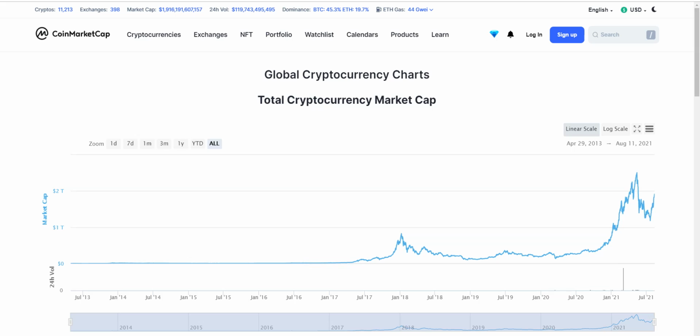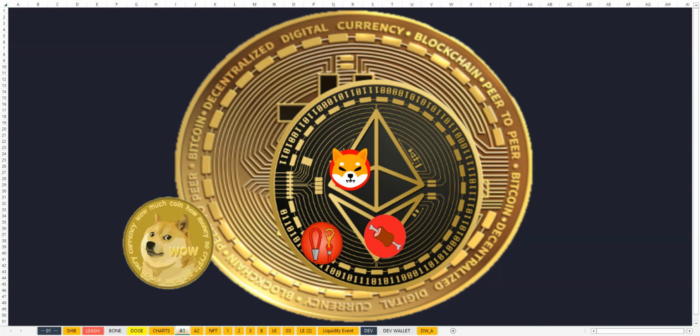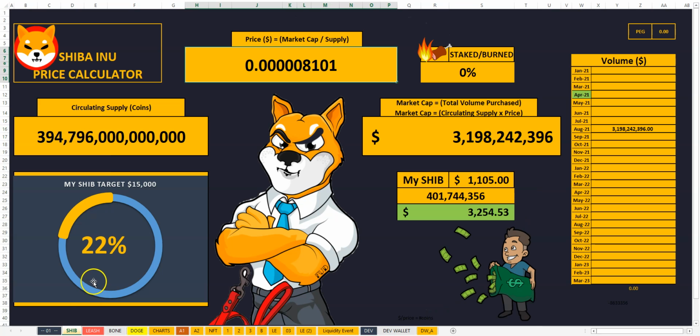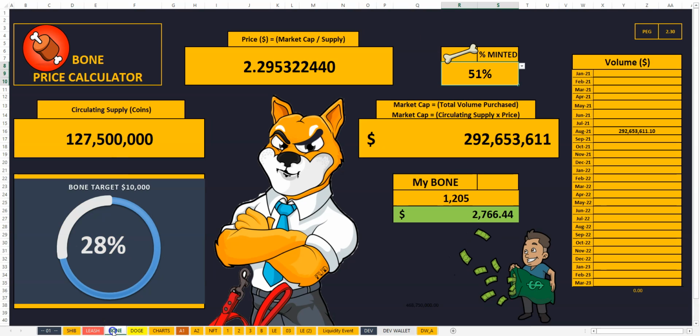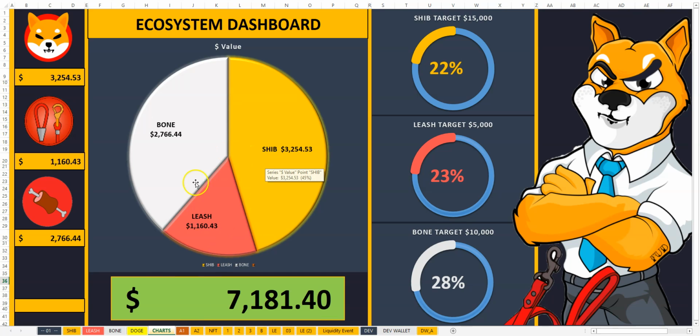But before we get to that, let's head back to our page over here. If you're familiar with my channel, you know that these are my Shiba Inu ecosystem calculators, and I use them to calculate the price of tokens fairly accurately according to any given market cap. I use them to monitor my portfolio, and also as an educational tool.